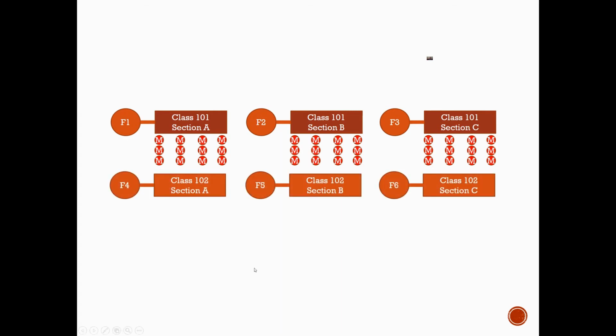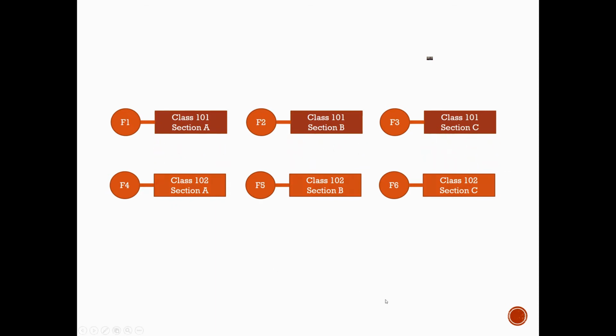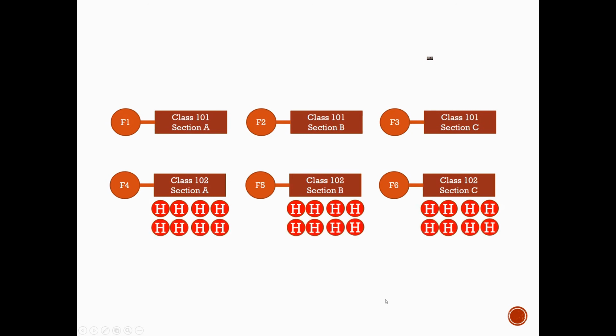As in the earlier example, these students then take class 102, but now there are 3 sections, A, B, and C, taught by really great instructors for writing, faculty members 4, 5, and 6. Let's see what happens. These students come out high proficiency again. Wow, this is a really great learning system.